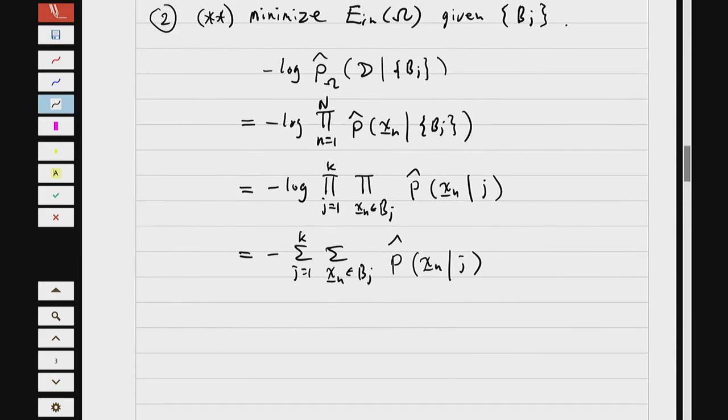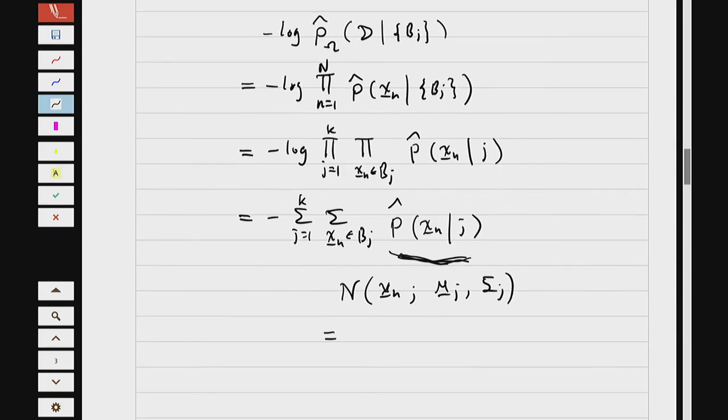Now, what is this one? Well, this is simply the PDF of the bump. This is just a normal PDF. So this is just N of xn given mu j, sigma j. And we have a formula for it from before: one over 2 pi to the d over 2, and then the determinant of sigma j to the power of one half, times e to the minus half of (xn minus mu j) transpose sigma j inverse (xn minus mu j).